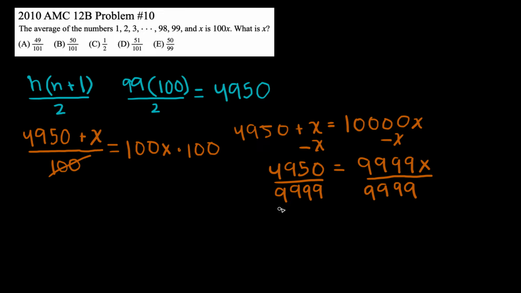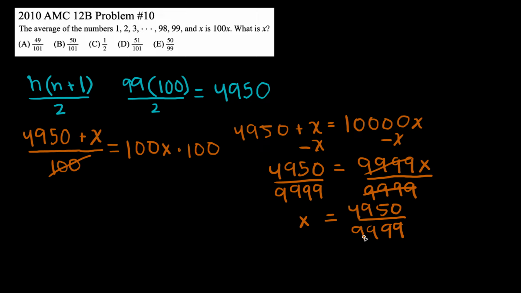From this, we are left with x is equal to, I just flipped the x over here because usually you have the variable that you're solving for on the left side. So the 9,999s cancel out, and we are left with 4,950 over 9,999. Now, let's see, how can we simplify this?